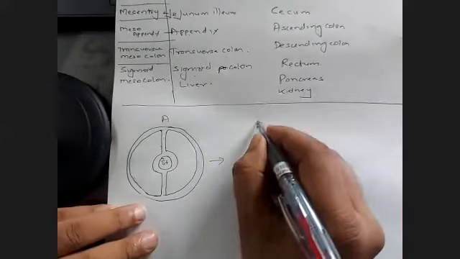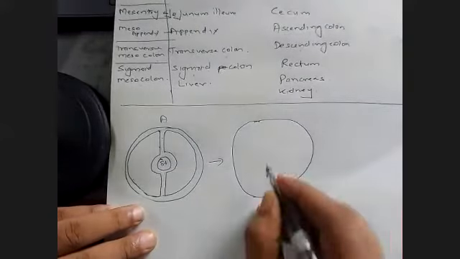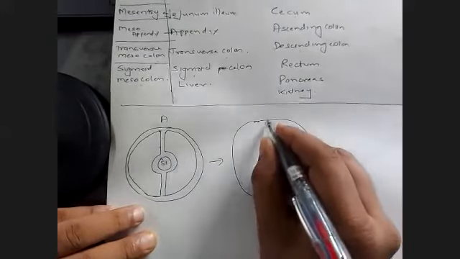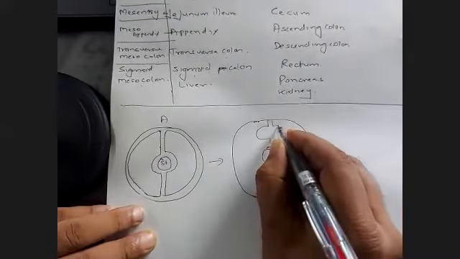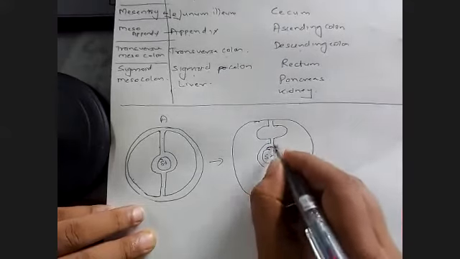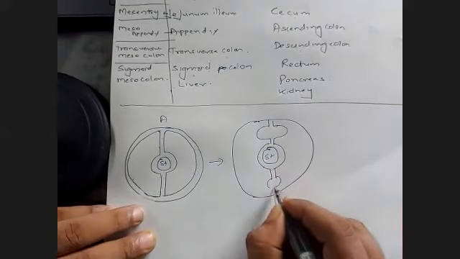In the next stage, what happens is, this is stomach, and in the ventral mesogastrium develops the liver, and in the dorsal mesogastrium develops the spleen.